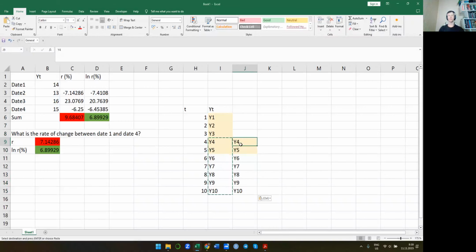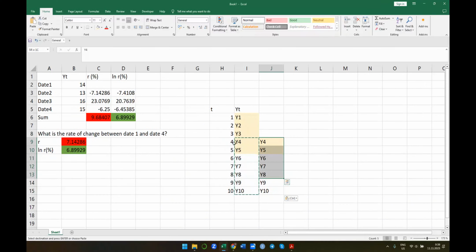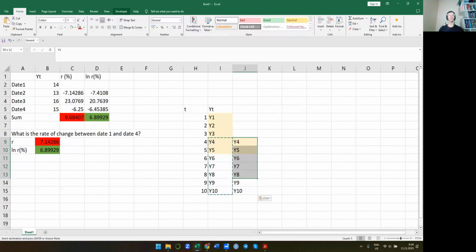Now we shift these, for example, 3 periods in front. This distribution and this distribution must be identical. And for example, this distribution must also be identical, and this one too.